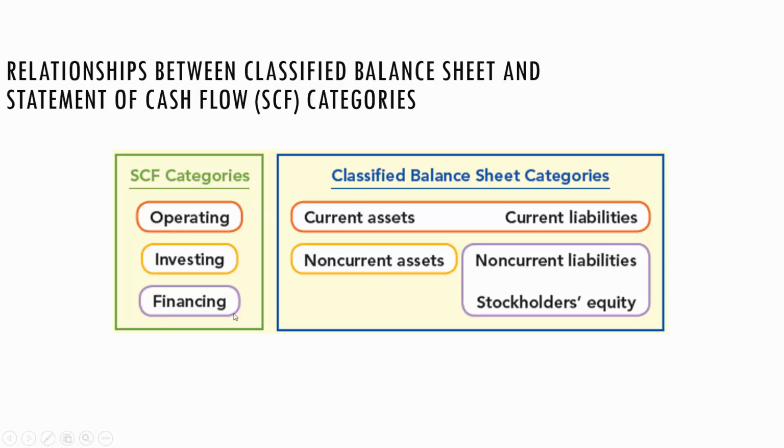And with financing, we are talking about stockholders' equity, and primarily non-current liabilities. This business up here about operating and current assets and current liabilities refers back to the indirect method. I am only going to require you in this class to learn the direct method.